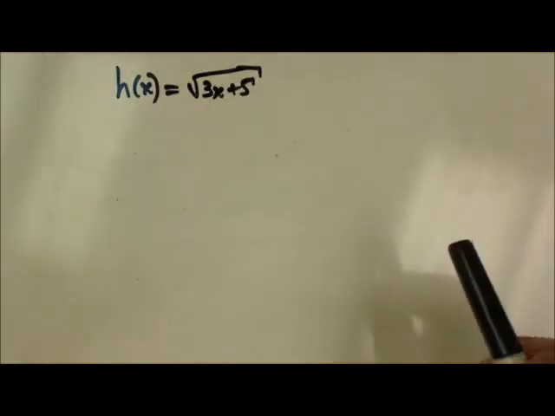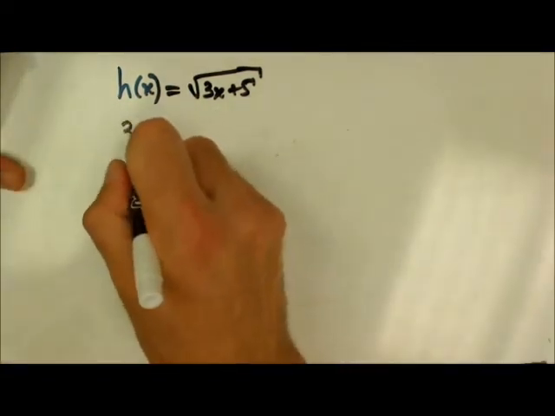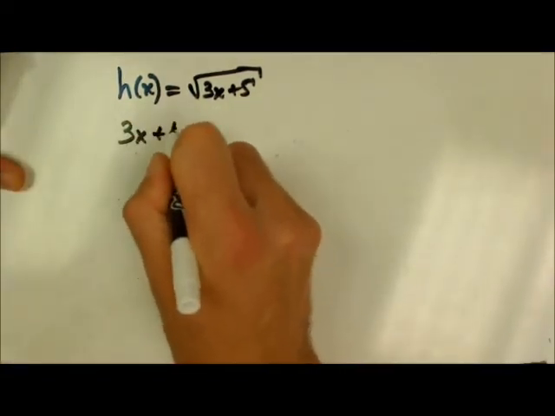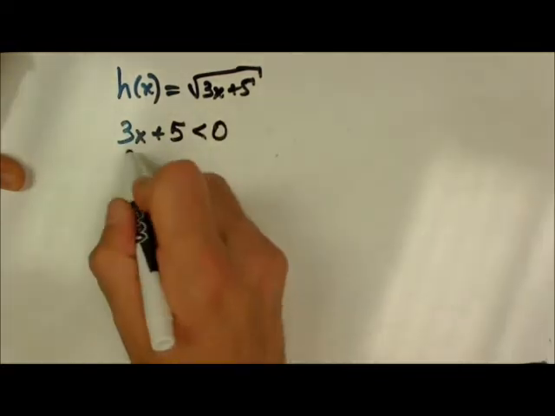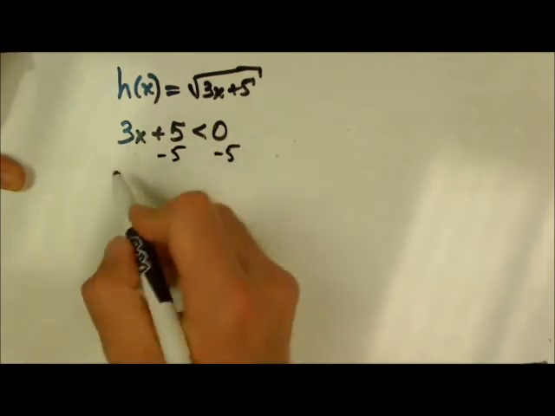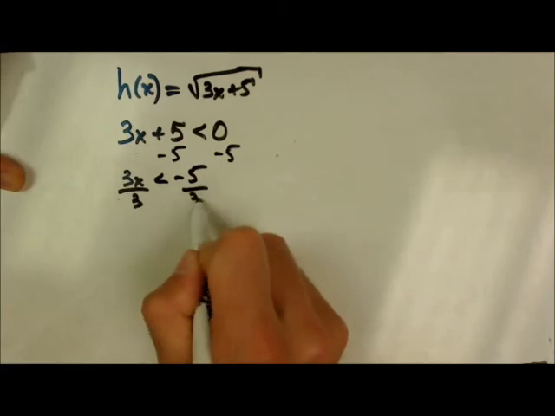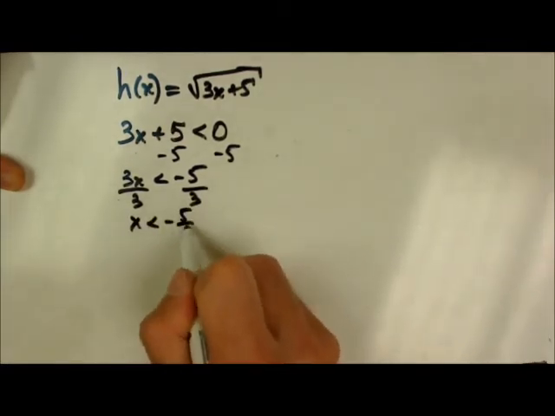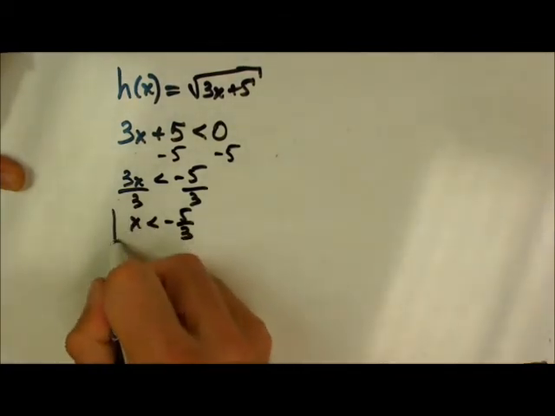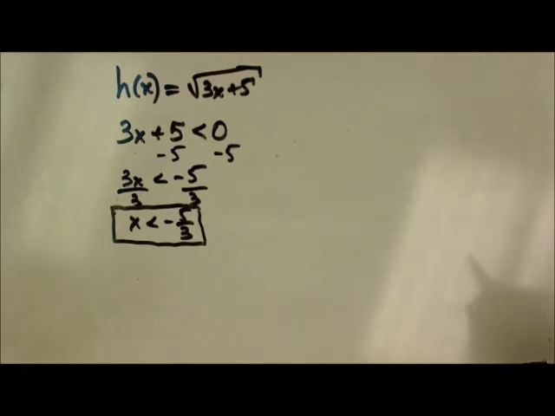It means we have to find when the expression under the square root is a negative number. Just solving the inequality, 3x plus 5 less than 0, or when it's negative. Subtracting 5 from both sides gives 3x less than -5, divided by 3, and x less than -5/3. This actually is our exemption from the domain.